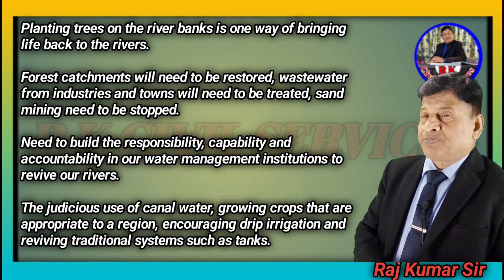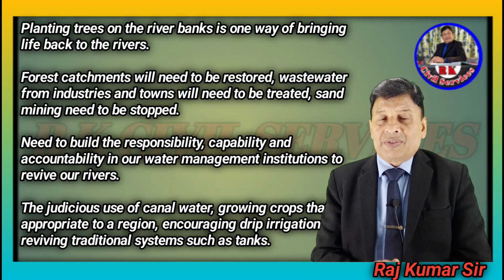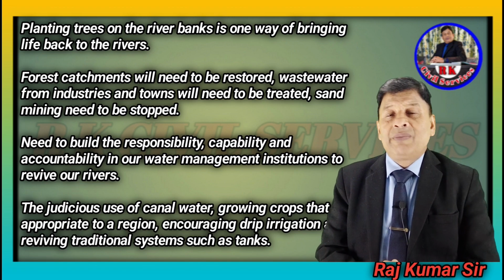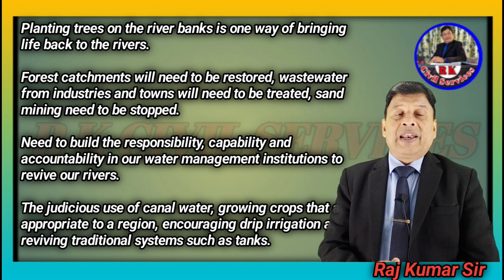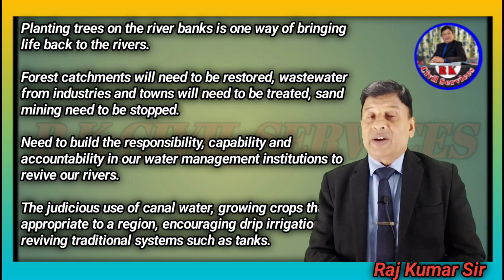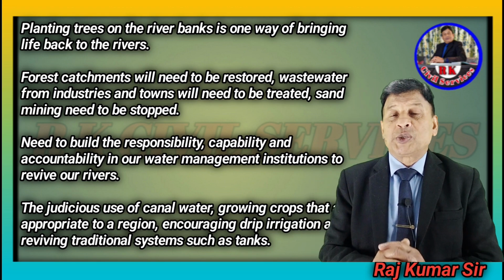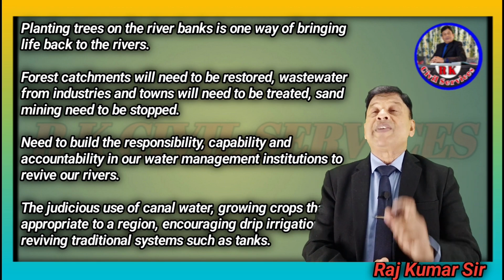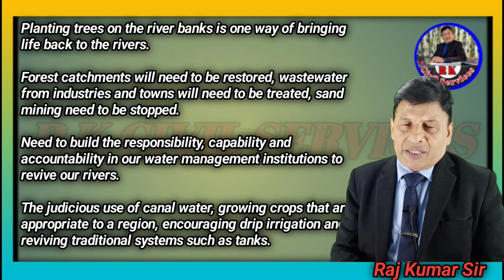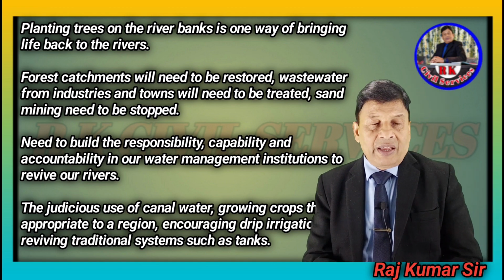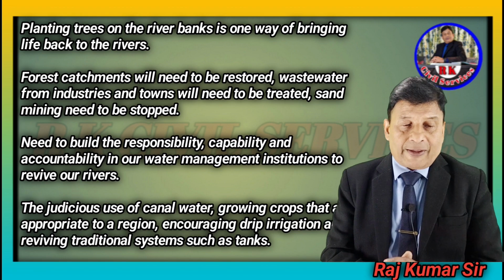More points. Planting trees on the river banks is one way of bringing life back to the rivers. Forest catchments will need to be restored. Wastewater from industries and towns will need to be treated and mining needs to be stopped.